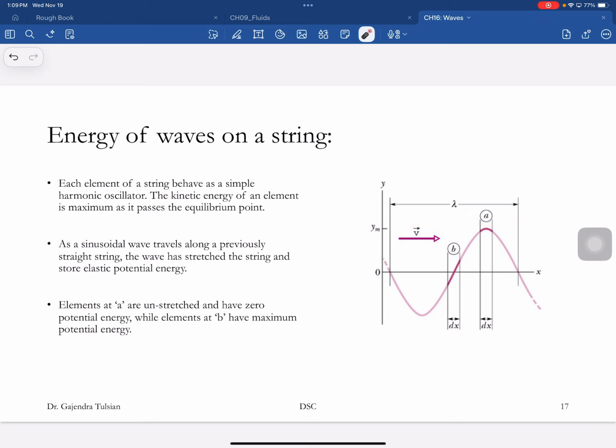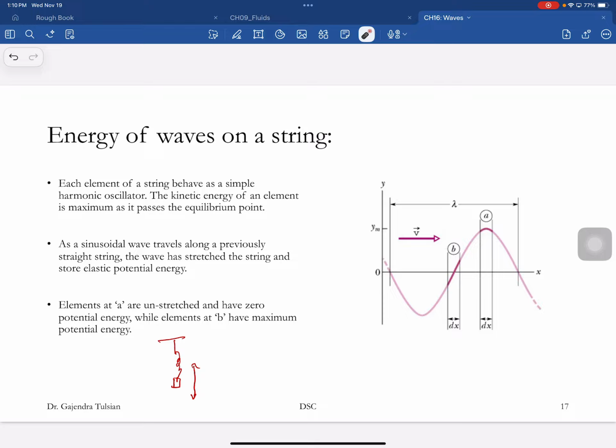Now, it's slightly different than the oscillator. I don't want to confuse you, but anyway. Here's a mass attached to a spring that's oscillating. For a mass attached to a spring, this point has the maximum kinetic energy and this point has the maximum potential energy.